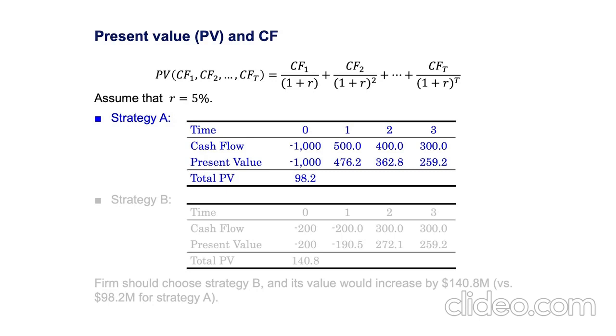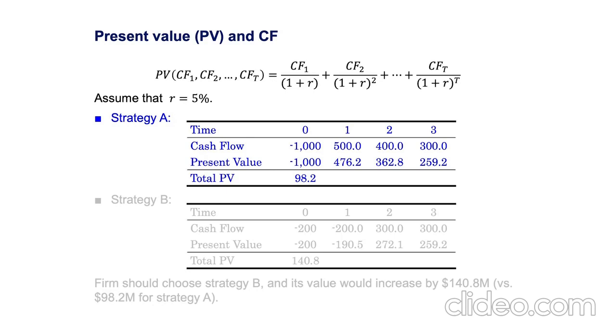With the discount rate of 5%, we can easily compute the present value of each piece of this cash flow stream. 1 billion today is 1 billion today in present value. $500 million in year 1 would be 476.2 million in present value terms. $400 million in year 2 would be $362.8 million in present value terms, and so on.